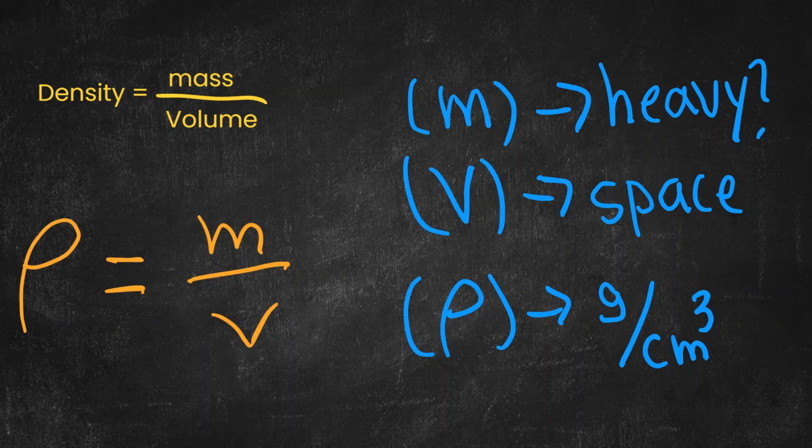And that symbol looking like a P, that is the final unit you will have because you're looking for density. So a final unit example could be grams per cubic centimeter. So always remember to divide mass over volume.